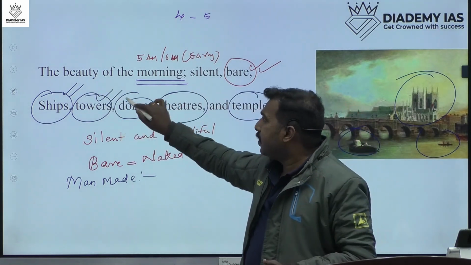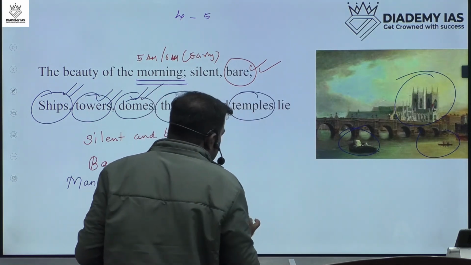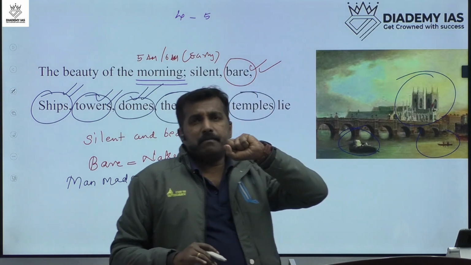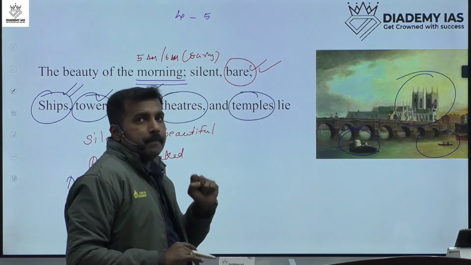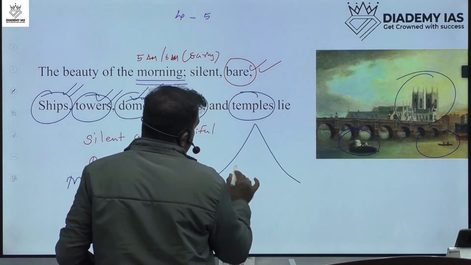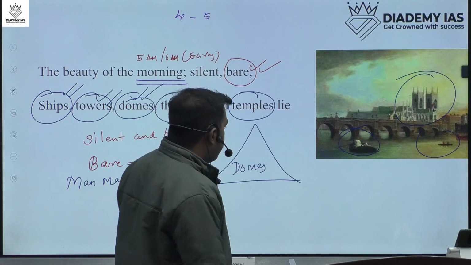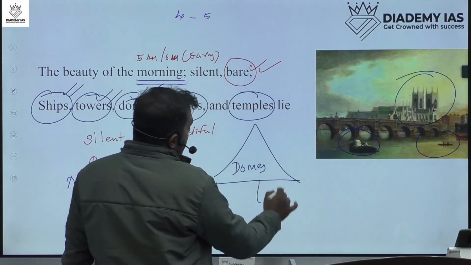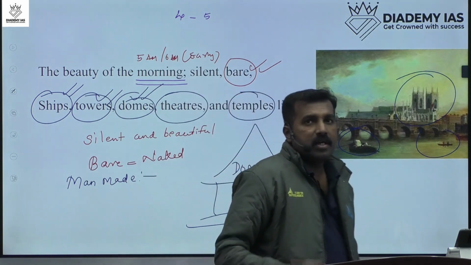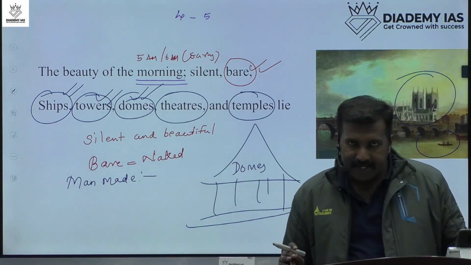Domes means the upper part of a building, especially a church or temple. And the poet says all these are man-made.